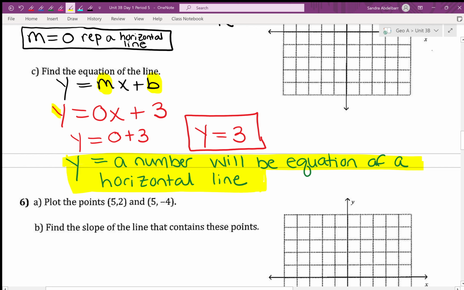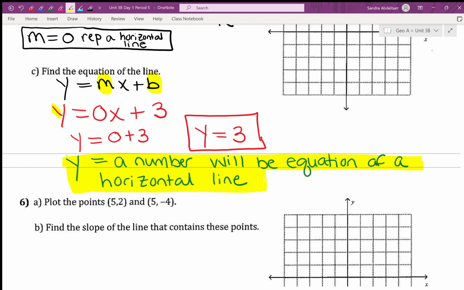Okay, so that's the one special case. So most lines are y equals mx plus b, right? So now if we just have y equals a number, not y equals mx plus b, it's going to be a horizontal line at whatever that number is. So this was y equals 3. We're going to have a horizontal line right at y equals 3.